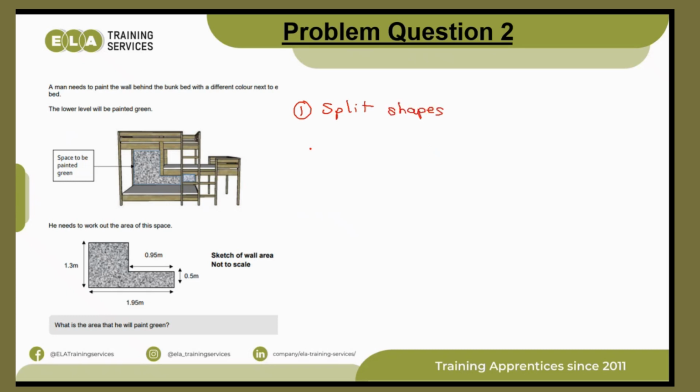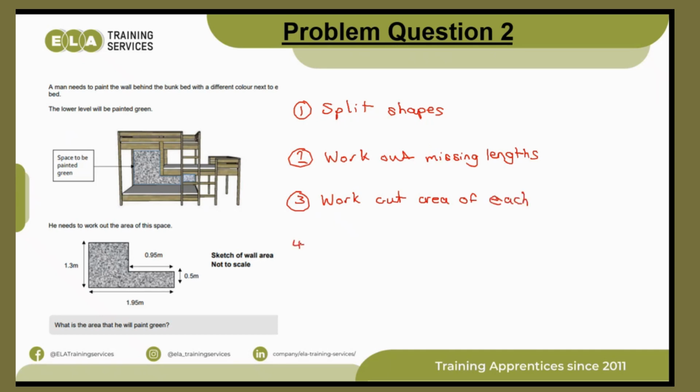We're going to work out any missing lengths. We're going to work out the area of each. And then we're going to add together.